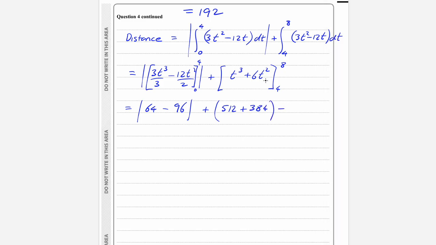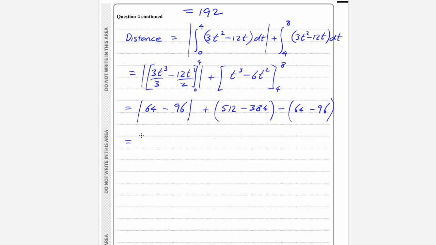And then minus sub in the 4, that is 64 plus 4 squared is 16 times 6, same thing, 96. Okay, this, guys, looks, I'm sorry, it's a minus. I was wondering why that looked so wrong. Minus that, and then 64 minus that. Okay.